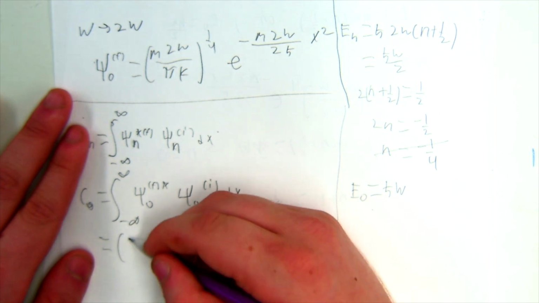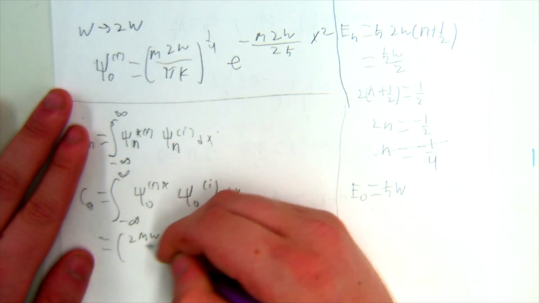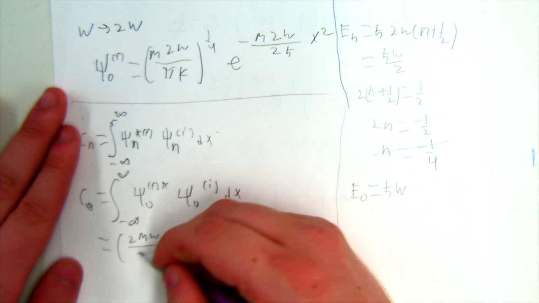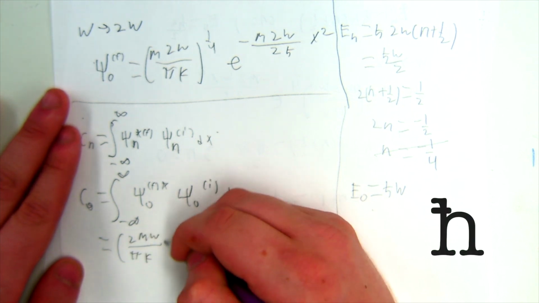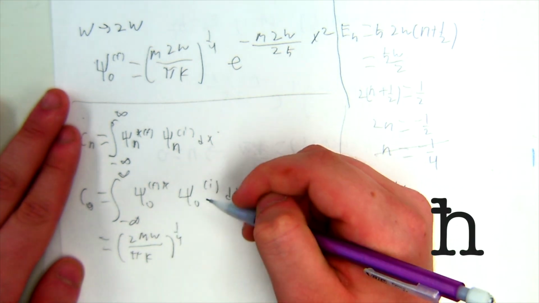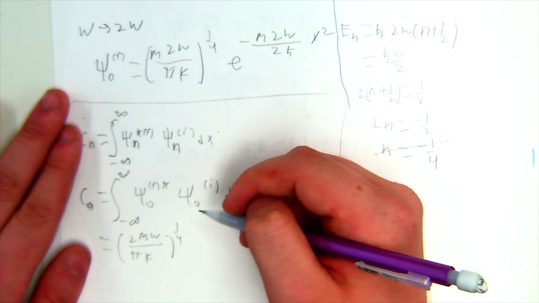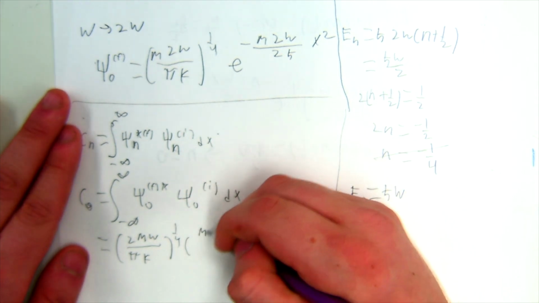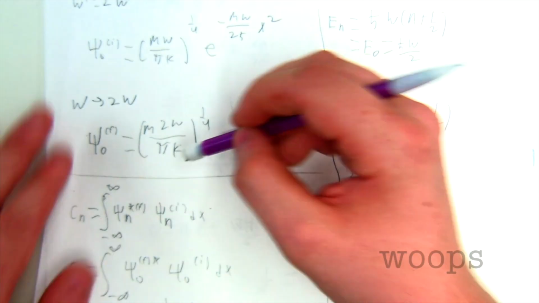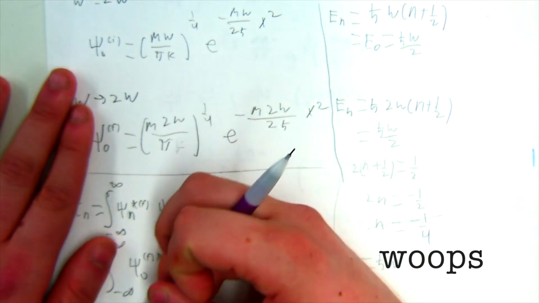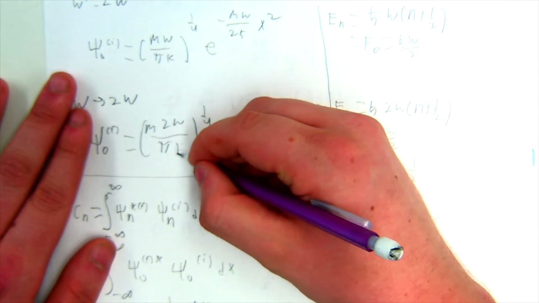Which will be (2 m omega over pi h bar) to the 1/4 times (m omega over pi h bar) to the 1/4. Oh, excuse me, I just noticed that these should have all been h bars.